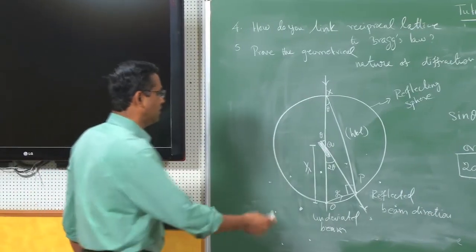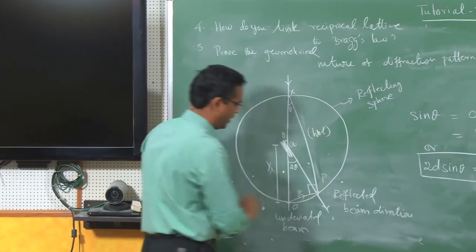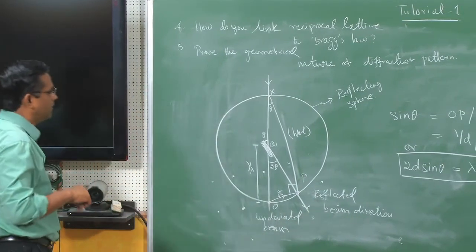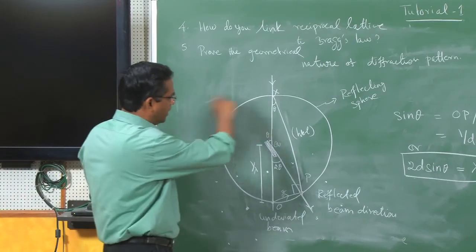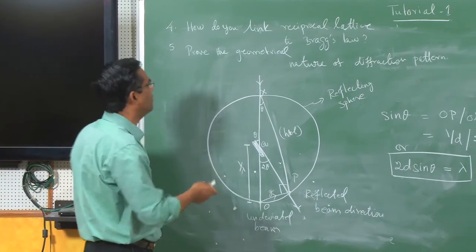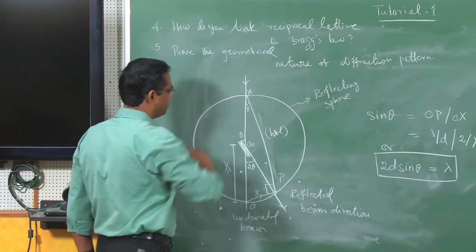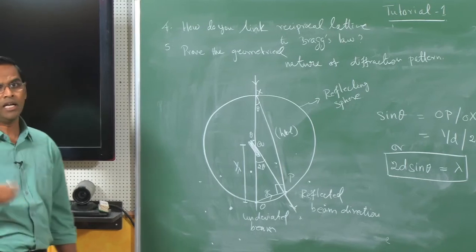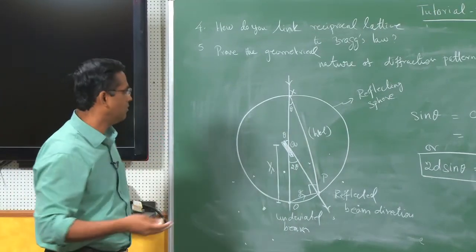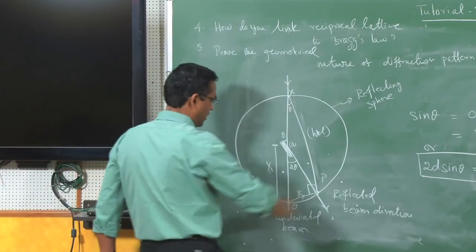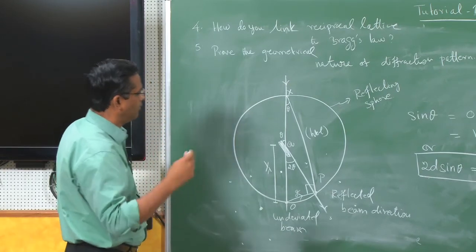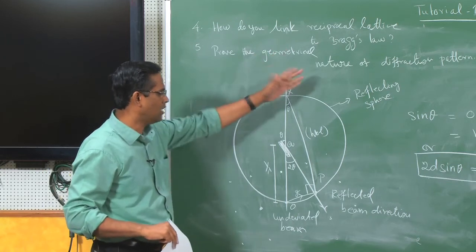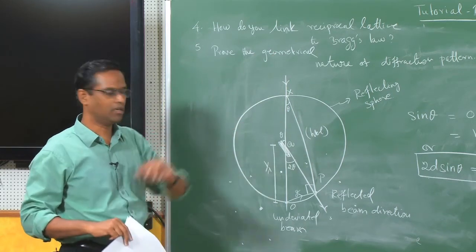That means at this condition the diffraction takes place. So, you can say that the Ewald sphere or reflecting sphere is a link between the reciprocal lattice and the Bragg law. This is again an indirect way of proving the Bragg law through Ewald sphere construction.